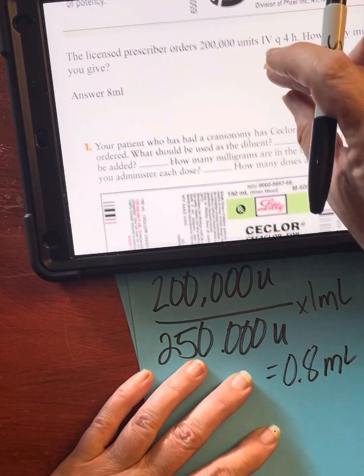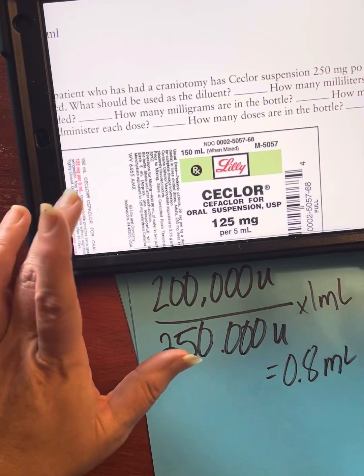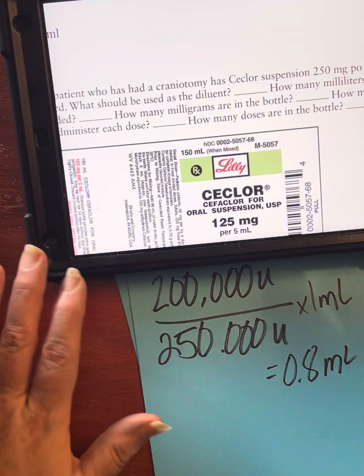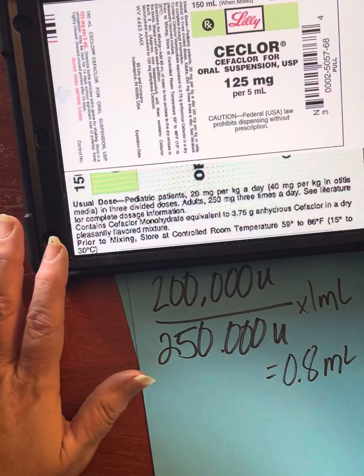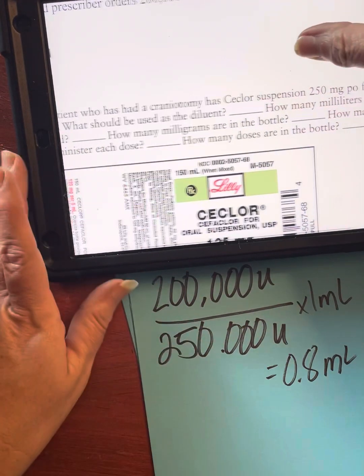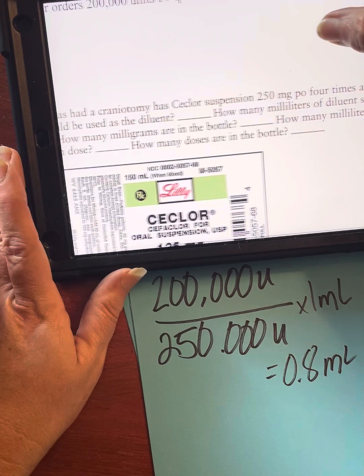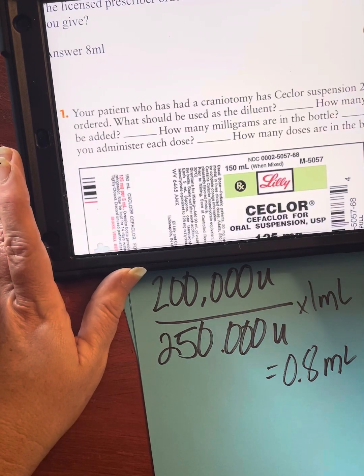Okay? Now, I know y'all may have some of these kind of problems. I think I'm going to end the video here in a second. But, so you got a patient who had a craniotomy and he has C-chlor suspension, 250 milligrams 4 times a day.